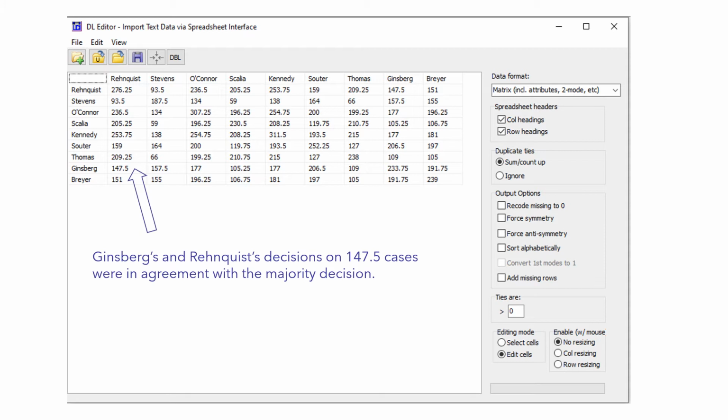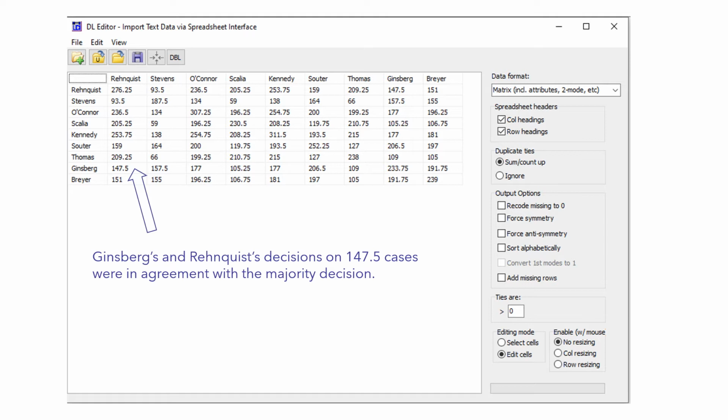When we convert the justice by case matrix to the justice by justice matrix, if a pair of justices' decisions agreed with the majority decision, we use a tie connecting that pair of justices. So in this justice by justice case, the cell value means the number of cases on which a pair of justices' decisions were in agreement with the majority decision.